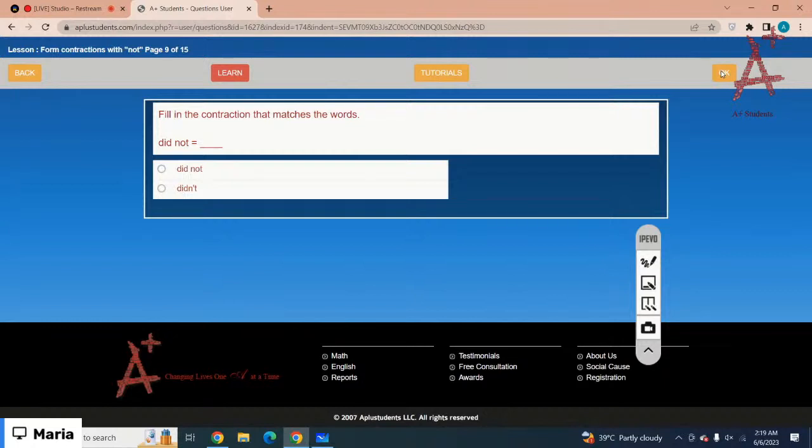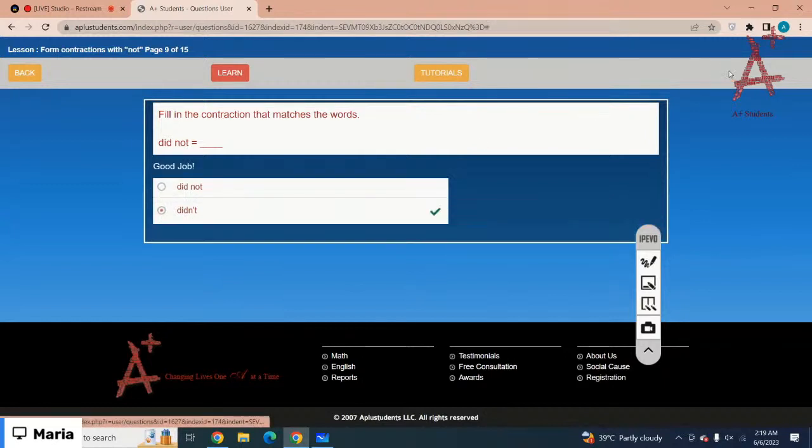Option number two is the correct option, that is didn't. The second option, didn't, is the correct one.